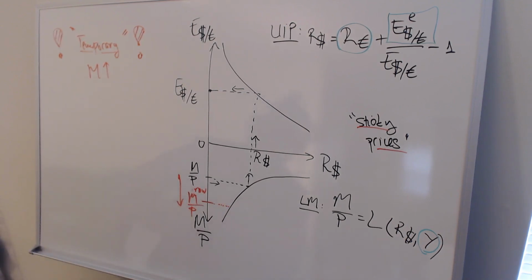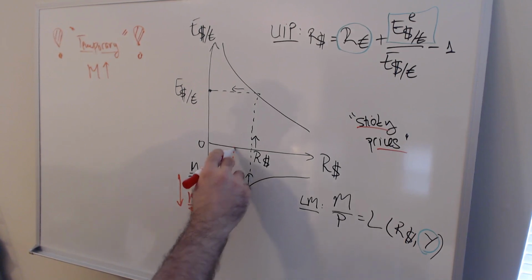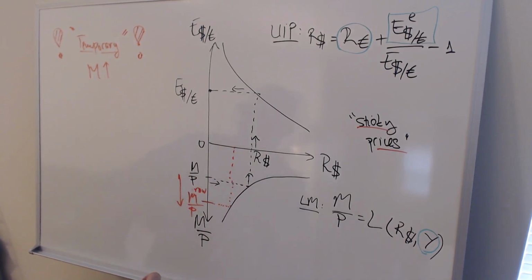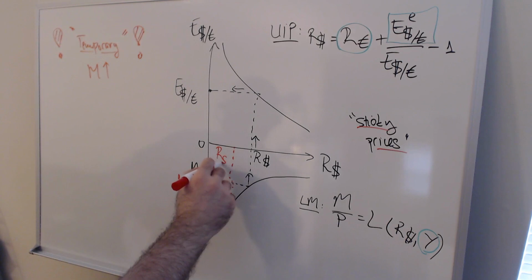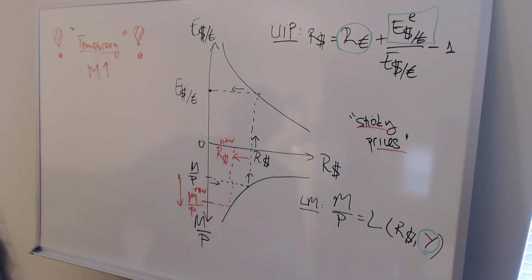Once the Fed increases the money supply, in order for the private sector to be willing to hold the increased quantity of money, of liquidity, interest rates in the US must fall. We said we should think about the LM curve as governing the trade-off the private sector faces between holding interest-bearing assets and money or liquidity.